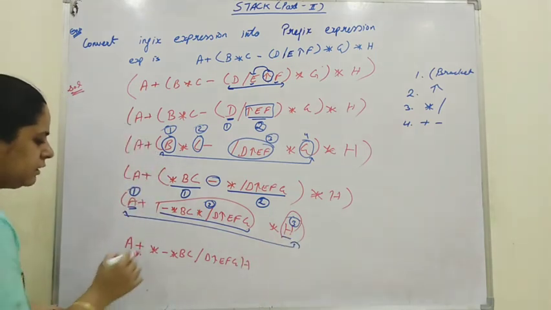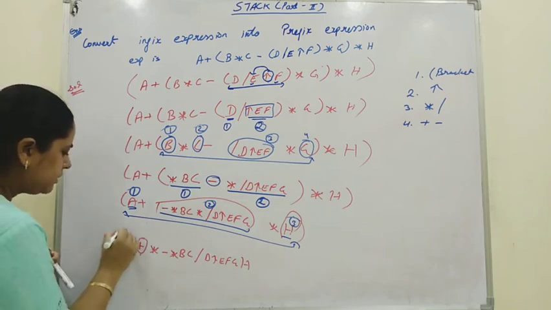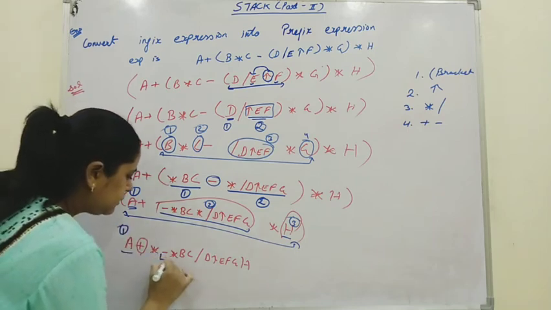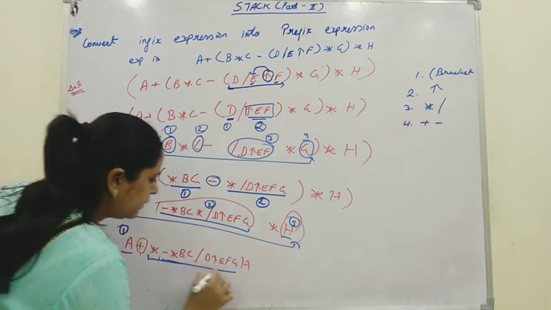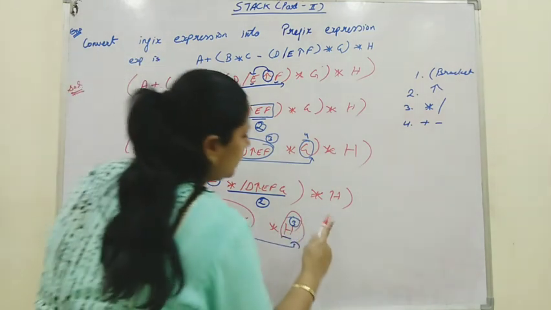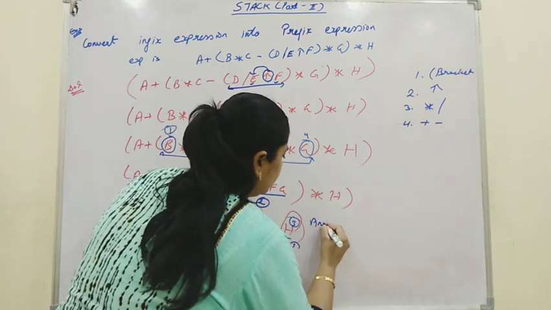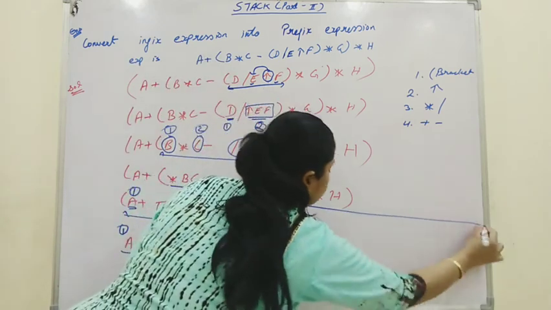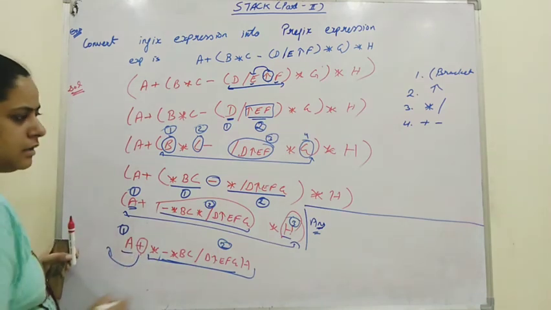Now we are left with this. This is first operand and this, from asterisk, will become second operand. So our final answer will be: we will place this plus here.